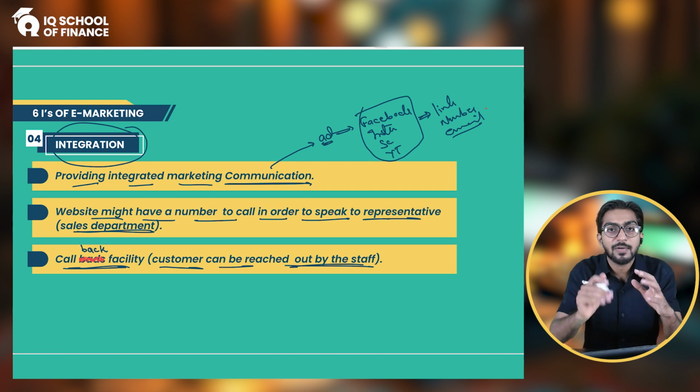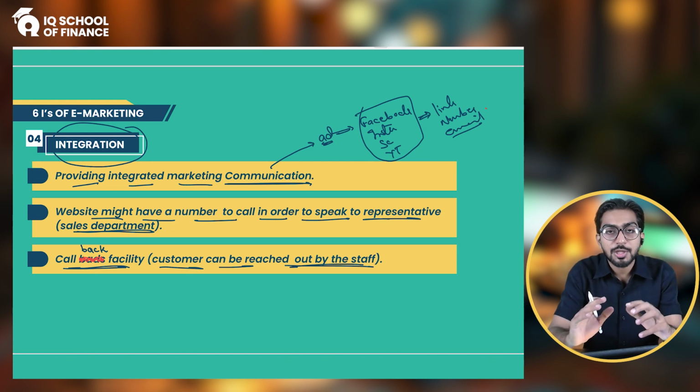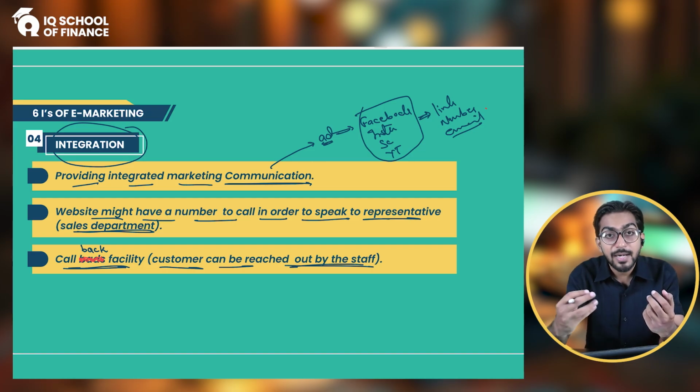For example, if you saw one customer who spent too much time on your website, looking for a specific product, but ultimately did not make any purchase, your sales team system should be integrated with your website so that you come to know which customer spent time on the website but did not make a purchase.